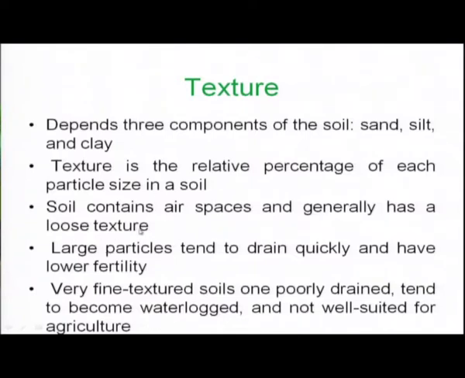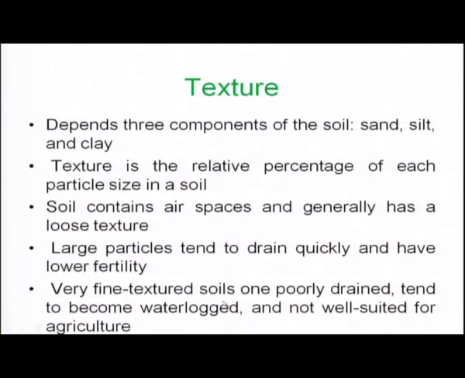If more air is present, that provides a loose structure, and large particles tend to drain quickly and have lower fertility. Since the particle size is larger, water will drain out quickly through the soil and it has low fertility value. Agricultural crops may not be supported very much.